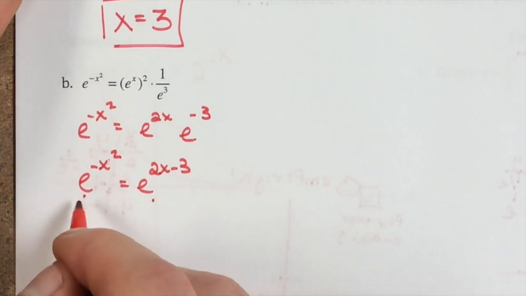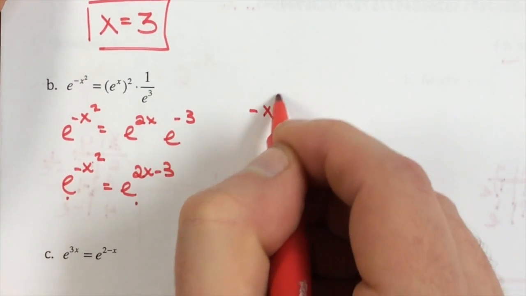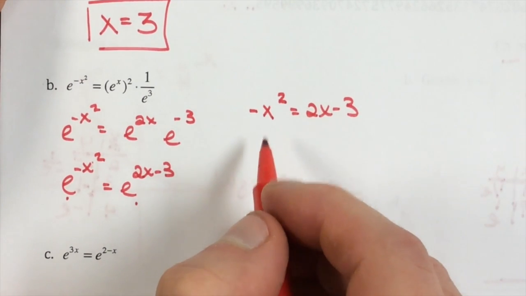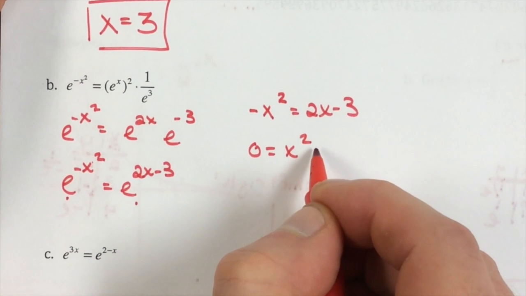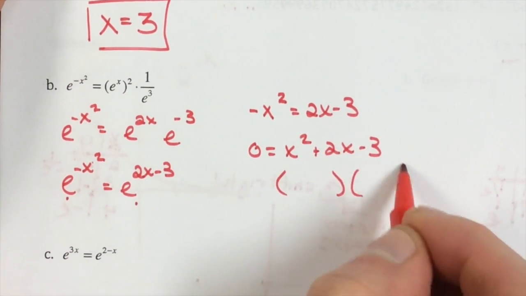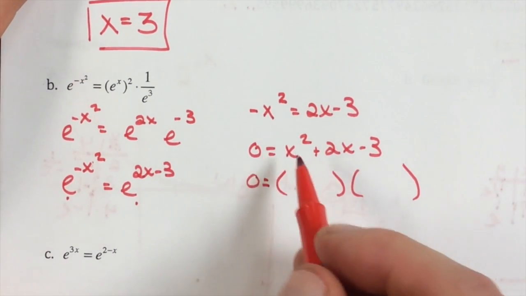Now I have the same base on each side, so I set the exponents equal. Negative x squared equals 2x minus 3. Add x squared, 0 equals x squared plus 2x minus 3. How do you solve a quadratic? Factor it and set it equal to 0.